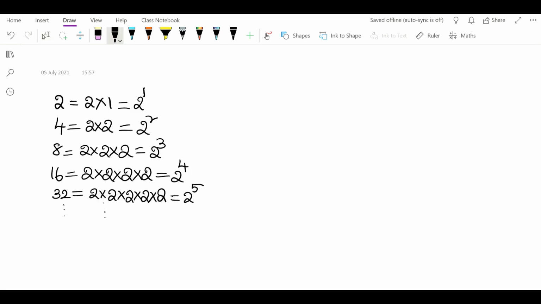Similarly, by continuing this process, a can be multiplied with m times. This can be written as a to the power of m.